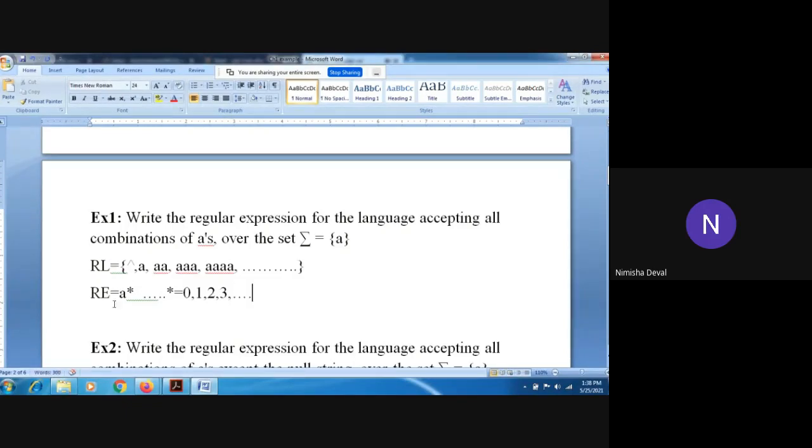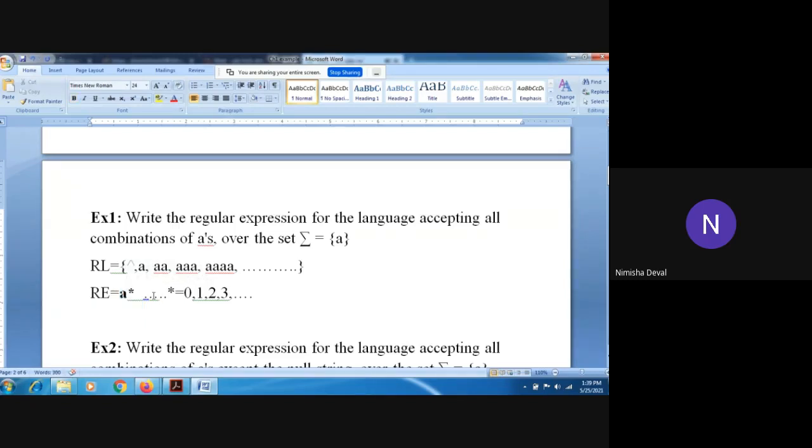When we replace star with 0, it generates the null value. When we replace star with 1, it generates a. When we replace star with 2, it generates double a. Likewise this process goes on. So its regular expression is nothing but a star.